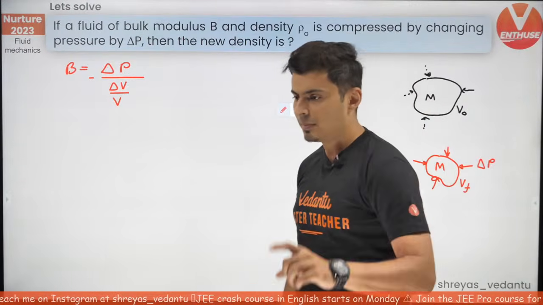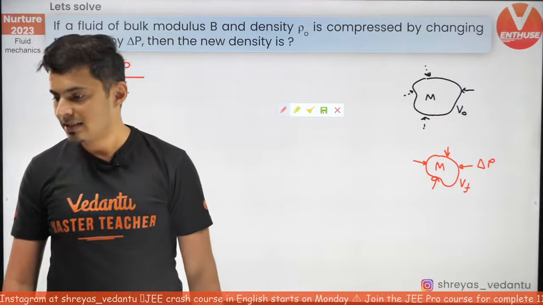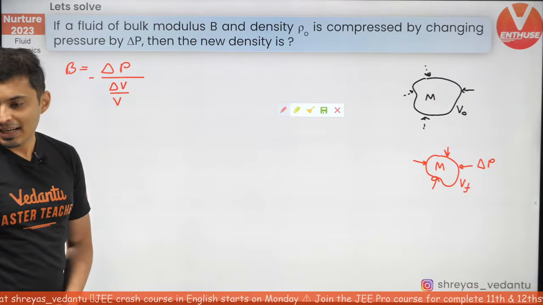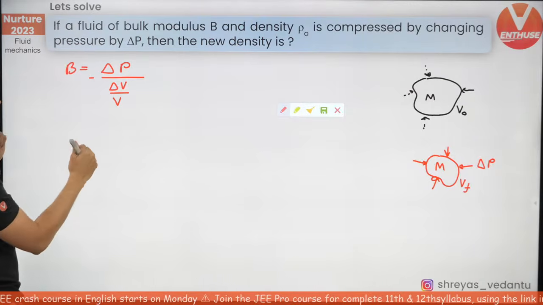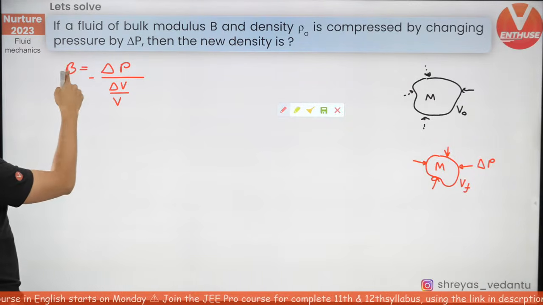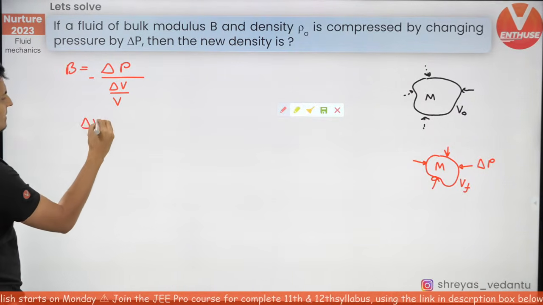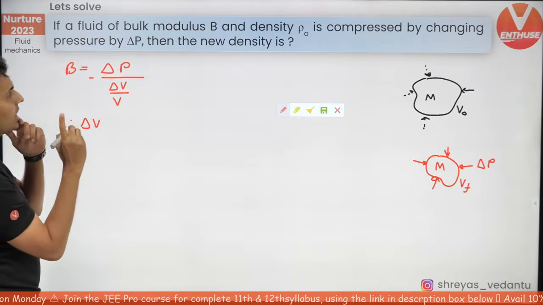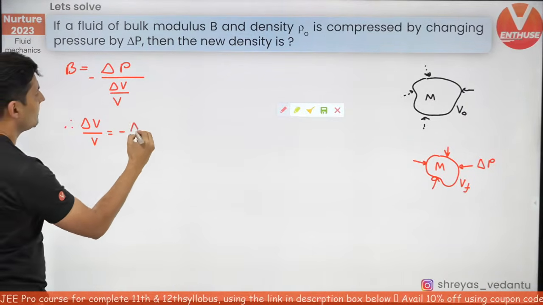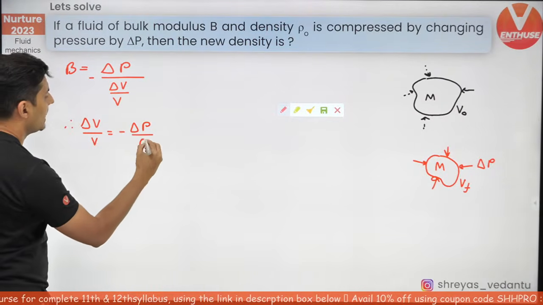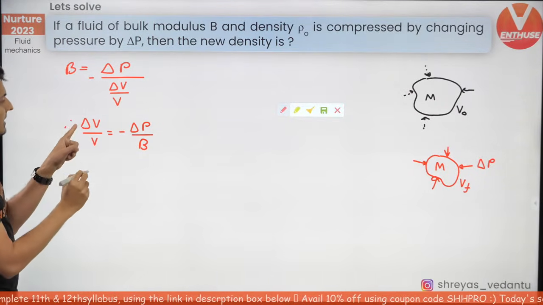This was the formula. Yes, mass will remain the same. Okay. Now, here is what will happen. Just take this delta V by V over here, and take this B over here. Let's see what happens. Because I want the new density, delta V by V will be negative delta P by B. Now what is delta V?